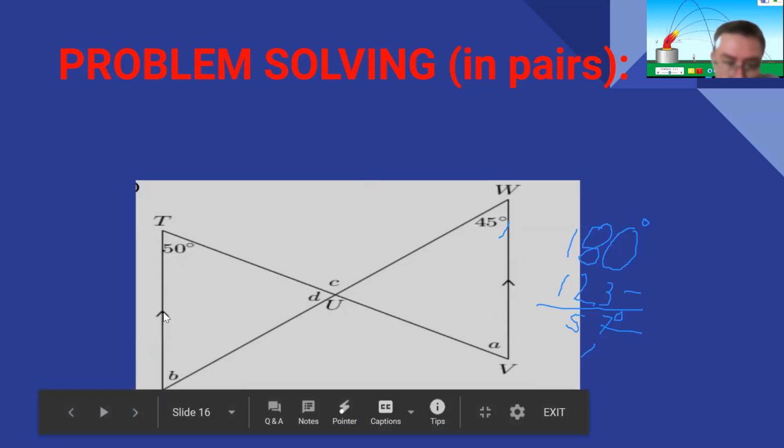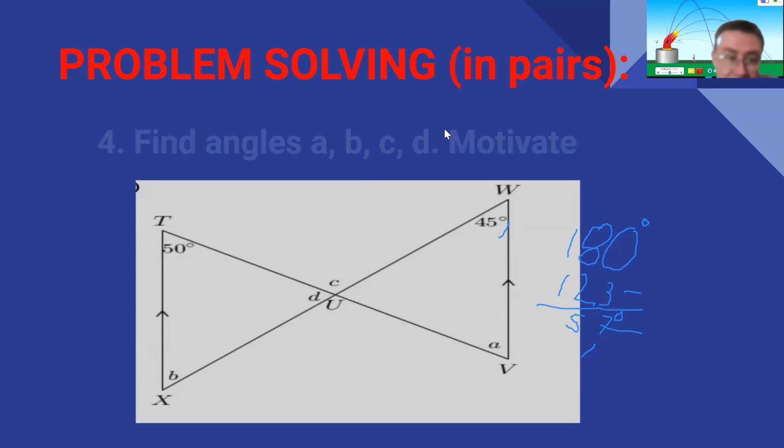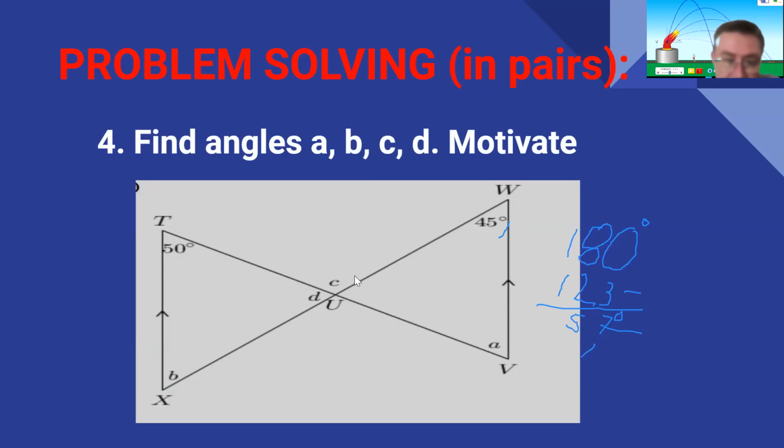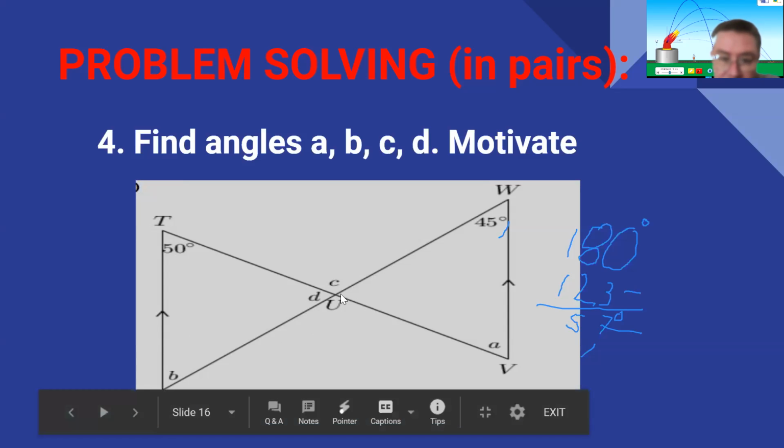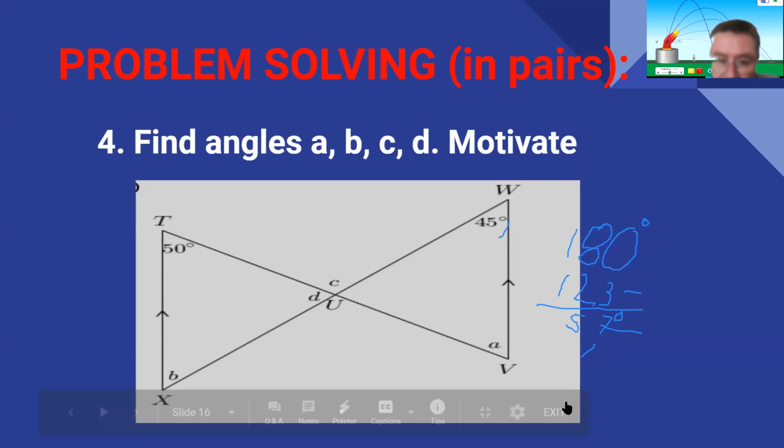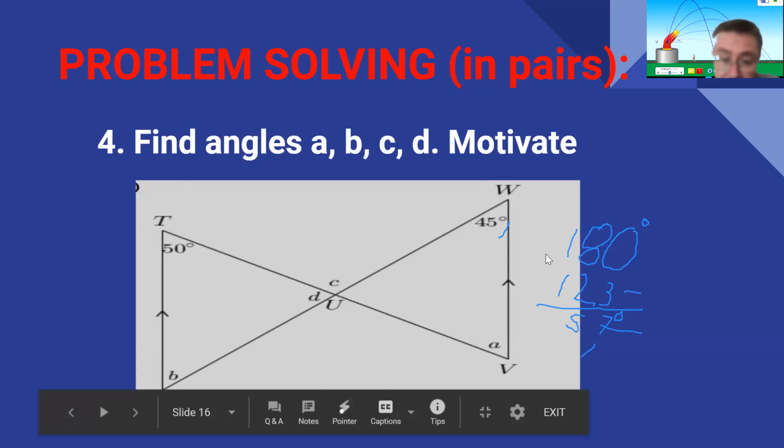These two lines are parallel, and then we work out these angles and can connect these lines and see if it's a parallelogram, and also prove that if you've got time. The smarter guys can prove that. So we find the angles and we motivate with our work calculations on the side here.